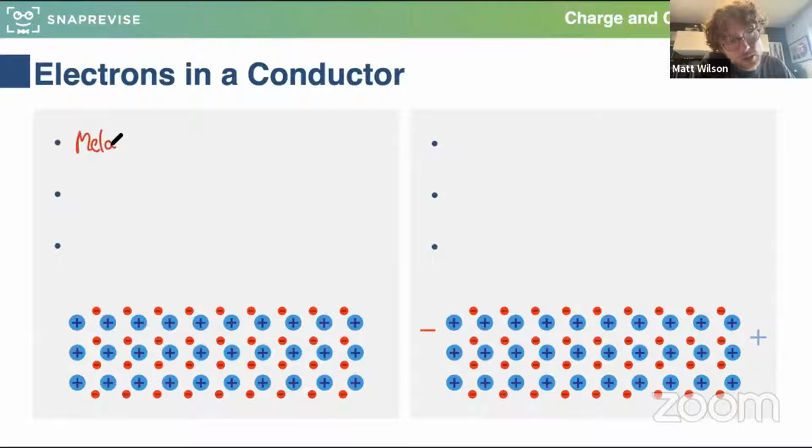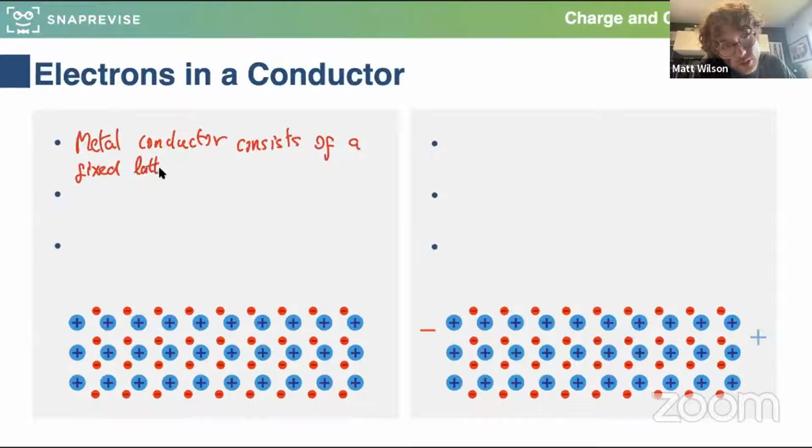A metal conductor, or any metal, consists of a fixed lattice of positive ions.